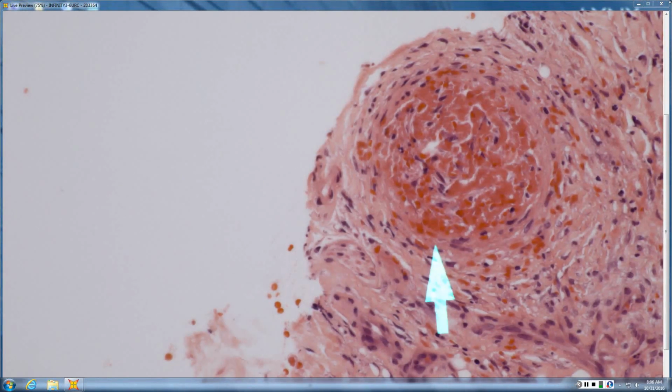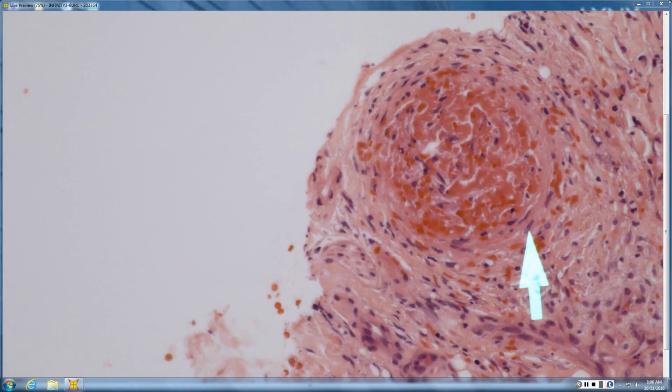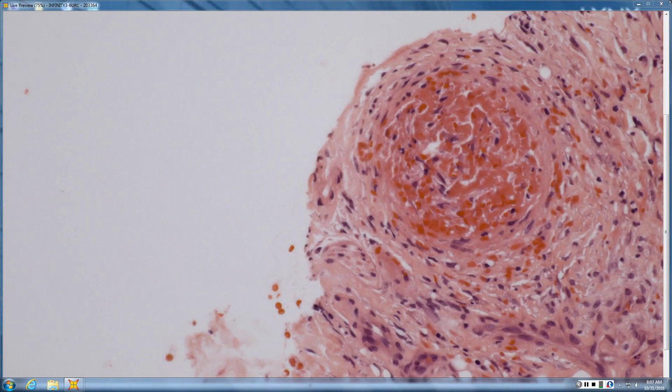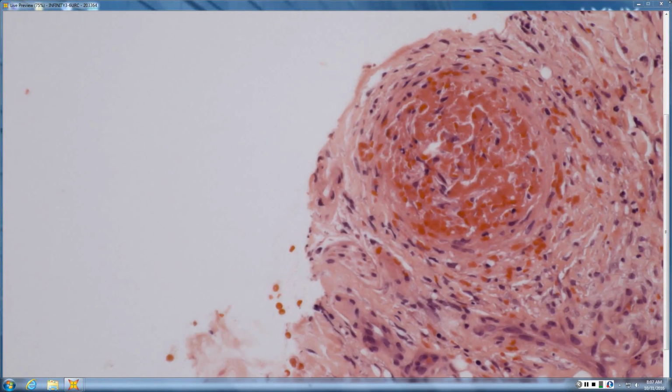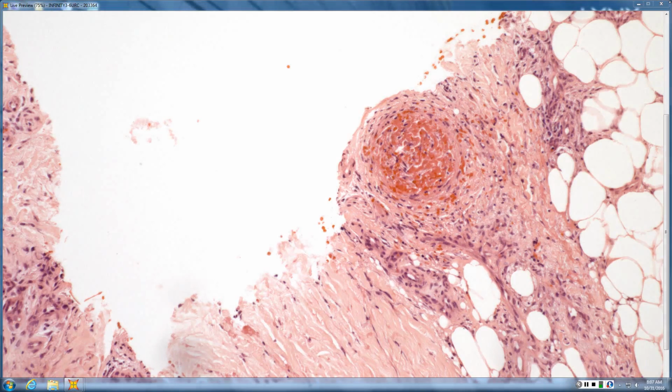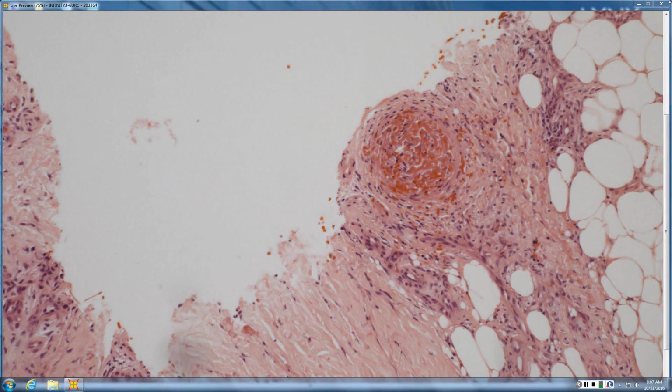And what you can make out of the muscularis is like a wreath. So that's all features of a little arteriole. And it is thrombosed, and there is some inflammation, in the kind of pattern you see with PAN or with microscopic polyangiitis.